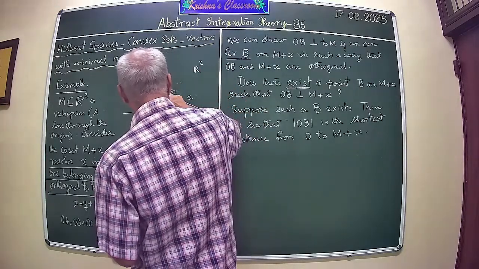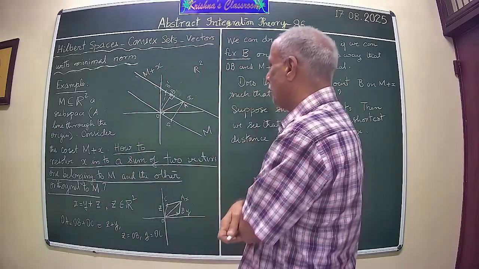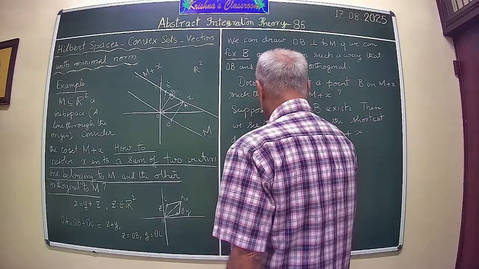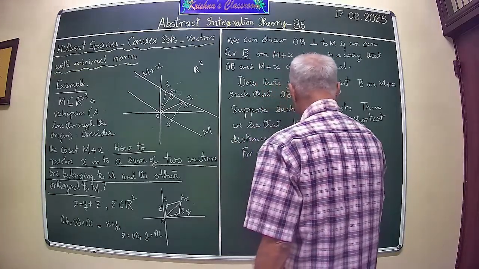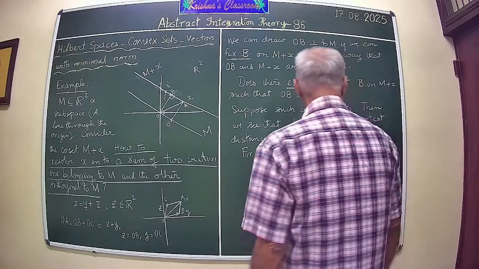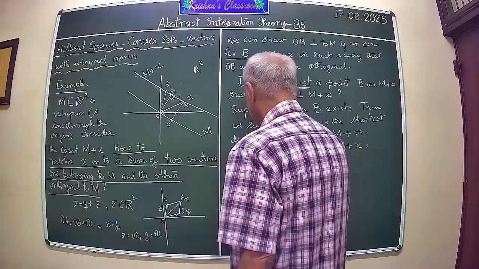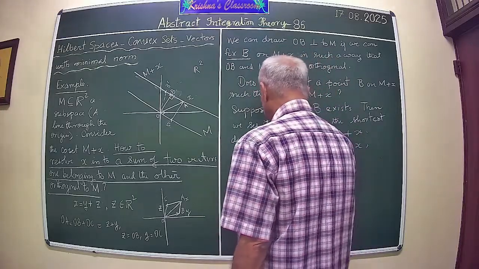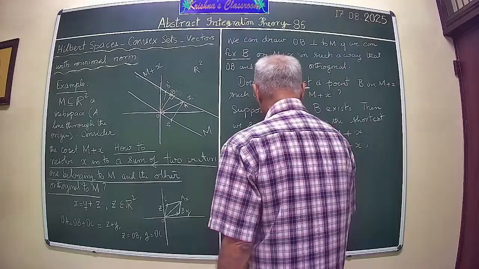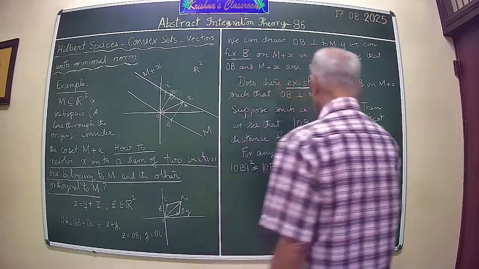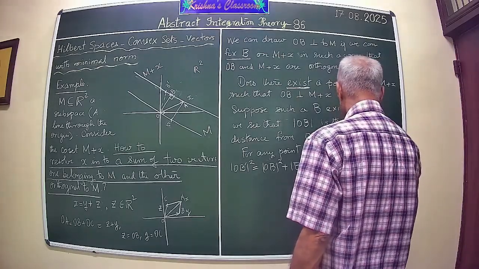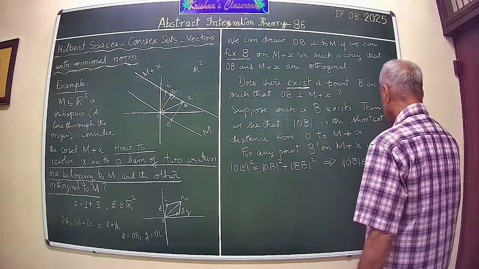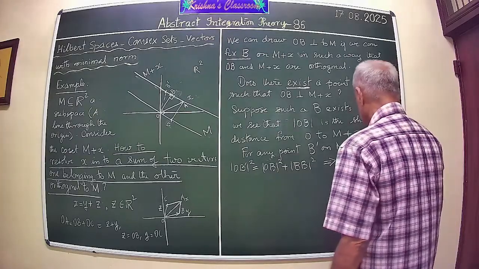then you compute the length of OB prime. OB prime squared is equal to OB squared plus BB prime squared, which implies OB is less than OB prime, and they are equal only if B equals B prime.